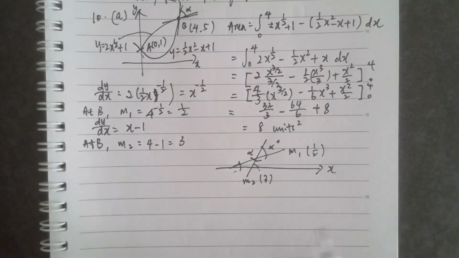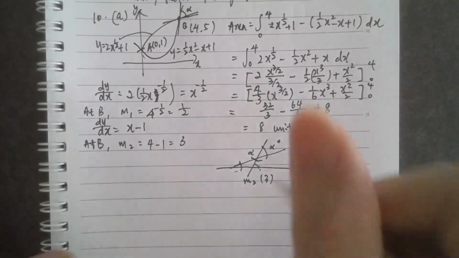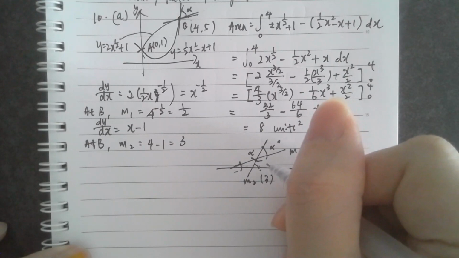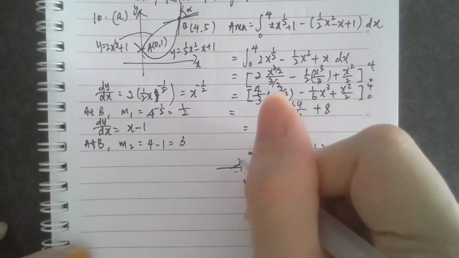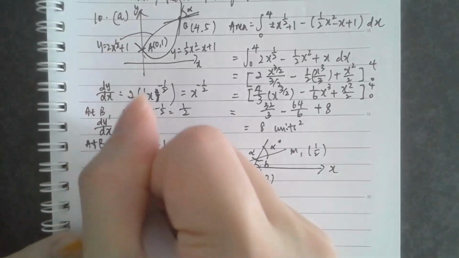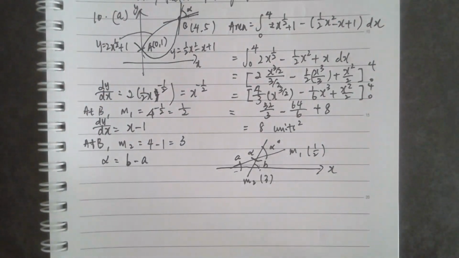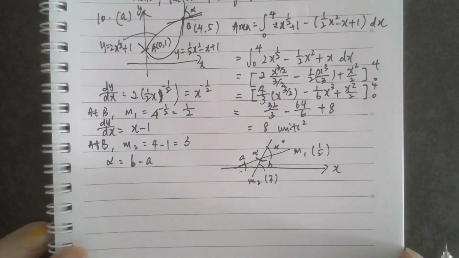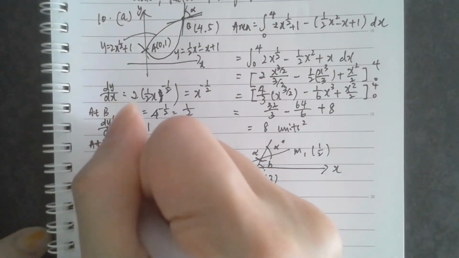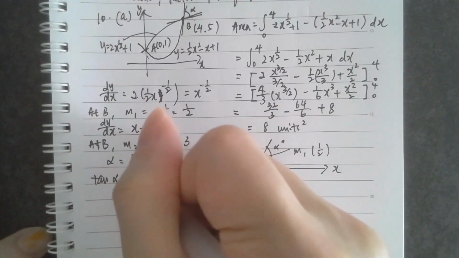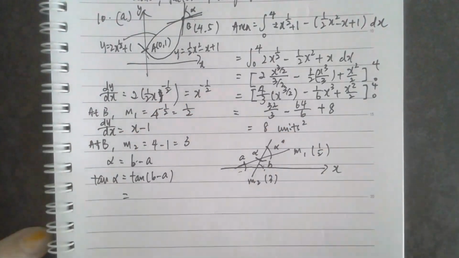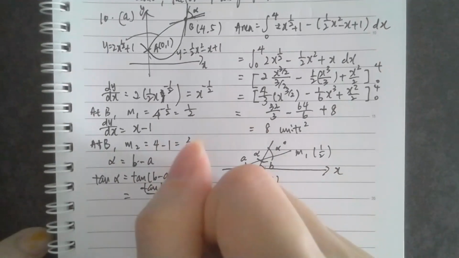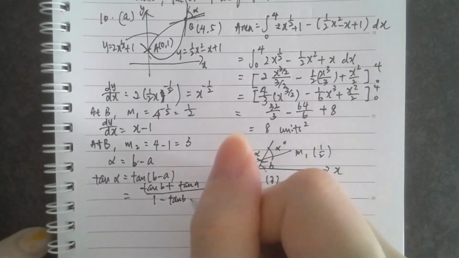So with that, let's call the angle with M2 as B, small b, and the angle with M1 as A. We know that alpha is B minus A, because alpha plus A equals B. So with that, we can find tangent alpha, which is tangent of B minus A, which using the compound angle formula is tangent B minus tangent A divided by 1 plus tangent B tangent A.